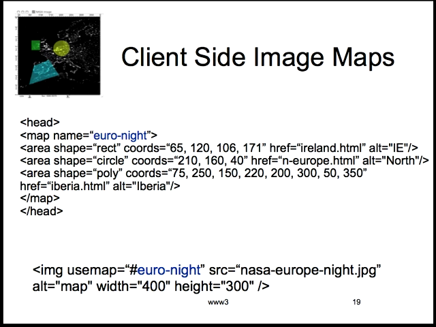When you do that then, inside in the image tag, it's a regular card-carrying image tag, the same as any other image tag. You've got a source and an alt and a width and a height. But you can say useMap equals hash and the name that you've given the image map.